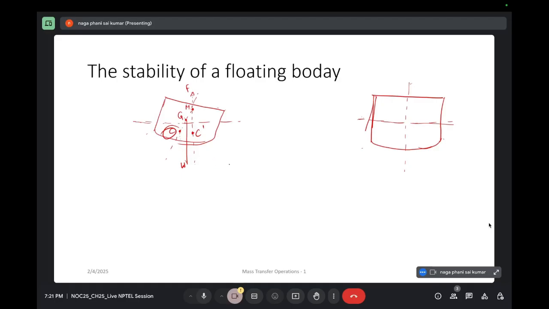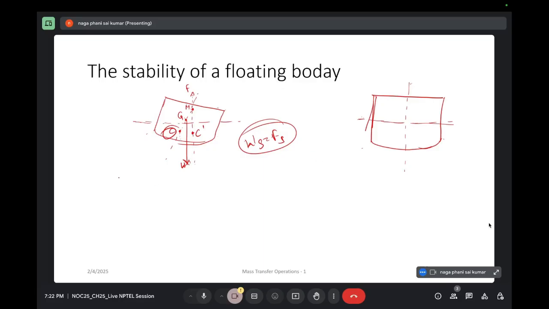So let's say a couple of forces are acting on this ship. A couple is nothing but two forces, right? So one will be the weight of the body, that is W, and the other one is the force acting in the upward direction. Okay. So that will be produced and it will be trying to restore the ship to its stability.